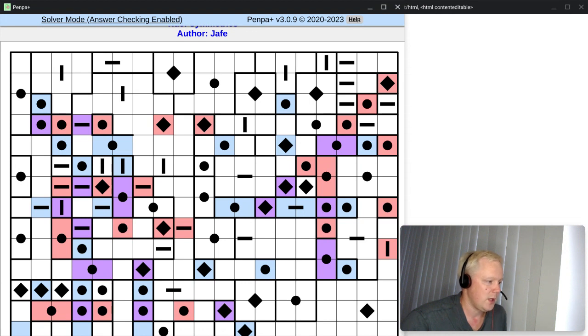Now, what is the question to ask here? What can reach this cell? Unfortunately, I think there are still two ways to reach it.